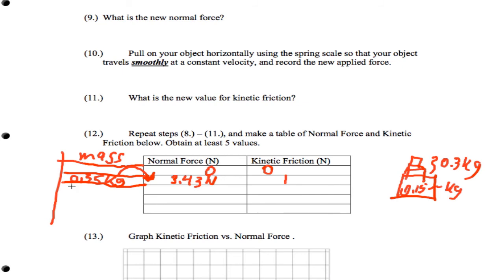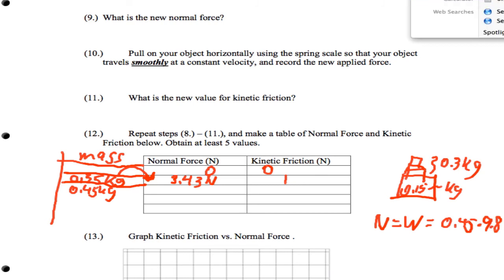So we'd end up getting 0.45 kilograms of mass, but what we want to put in this column here is the normal force equals the weight, which is going to be 0.45 times 9.8. And when we work that out, we get 4.41 newtons. And then you measure the pulling force and write that down here.